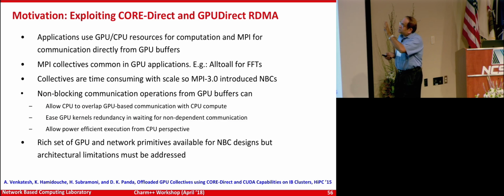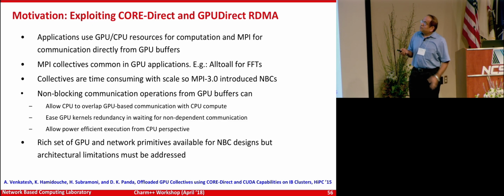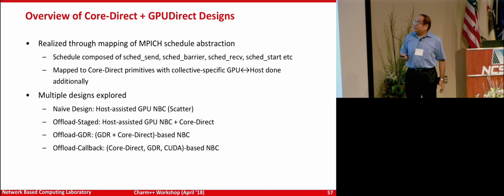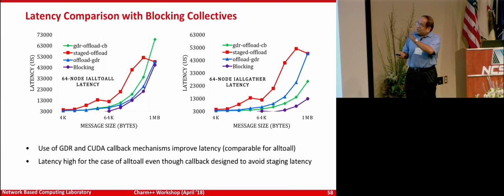Then I'll speed up a little bit as time is running out. Here again we have done similar things for the GPU, like GPUDirect RDMA with non-blocking collectives. I'll skip some of these, but let's say for a 64-node Ialltoall latency, blocking will give you the best performance, but it will not give you the overlap.